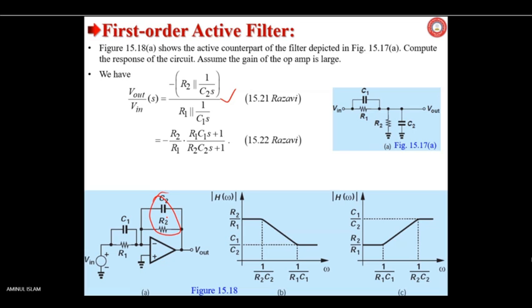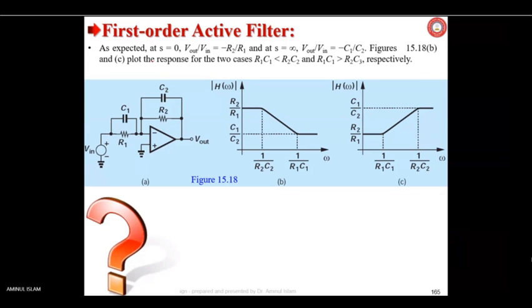Aman, you are getting it? Yes, sir. Which if you simplify, we'll get this one. As expected, at s equals 0, that is zero frequency, V out by V in will be minus R2 by R1.